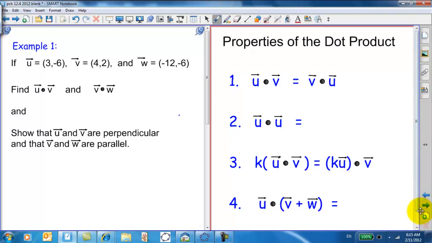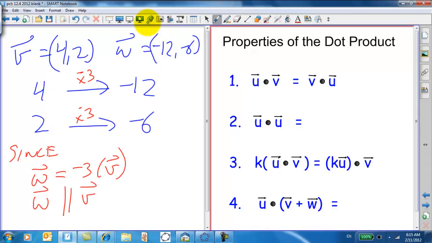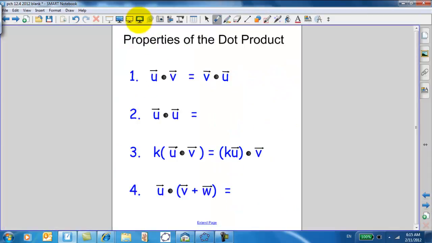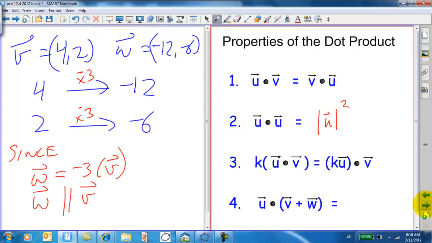Okay, here's some properties of the dot product. U dot v equals v dot u. It's commutative. U dot u will equal, now let's think about this for a second. U dot u ends up being the magnitude of u squared. Let's kind of see why on that one. How does that work out?